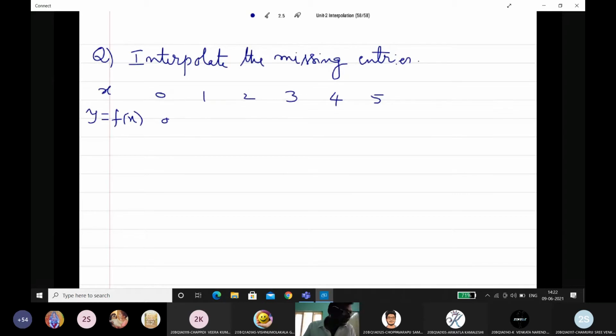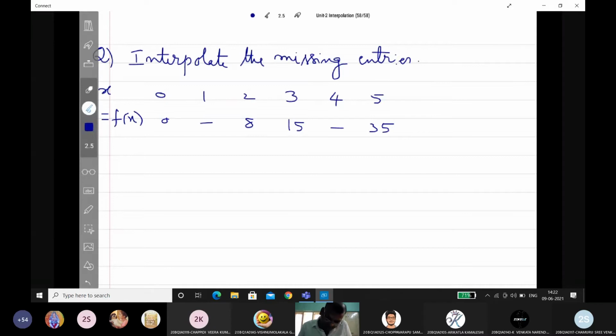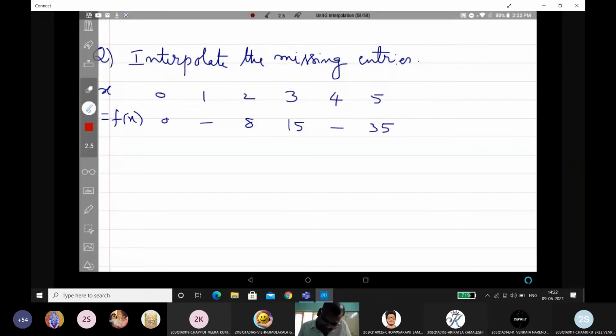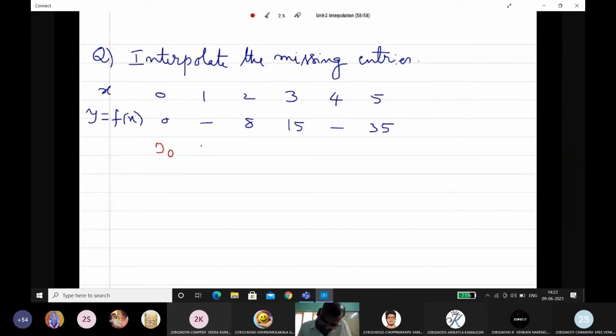The f of x values are 0, dash, 8, 15, dash, 35. Okay, now we are going to denote these values as y0, y1, y2, y3, y4, y5.